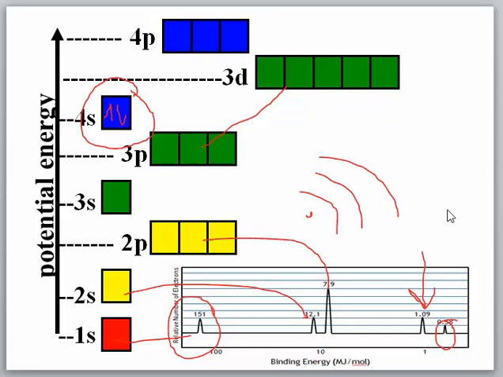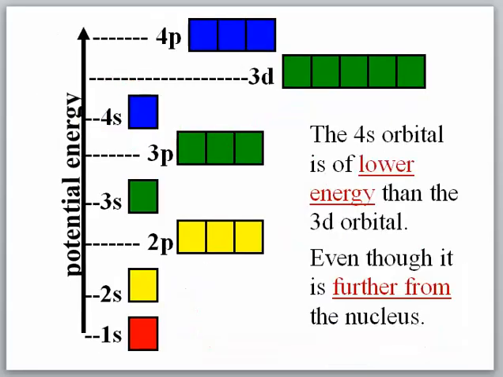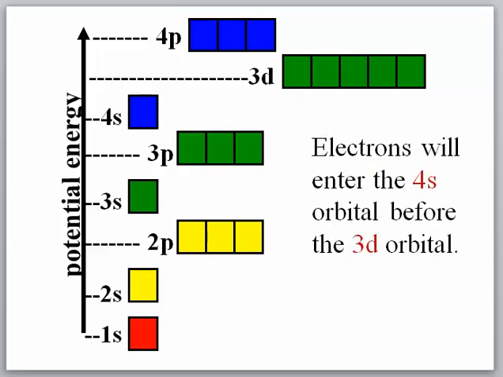Our 4s would have lower energy. Okay, so there's your lower potential energy, even though it is further from the nucleus. So we do believe this occurs based on electron-electron repulsions and complexity. You really need to know nothing more than the 4s fills before the 3d, something you already know.